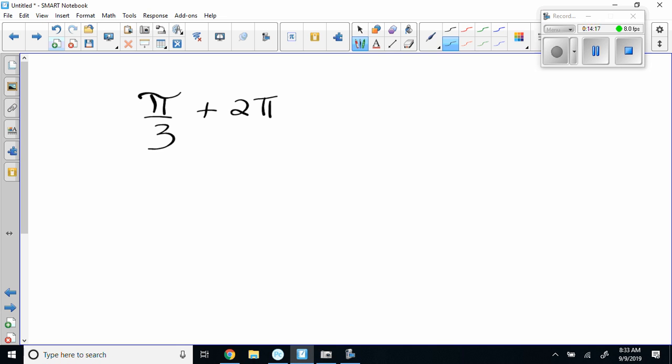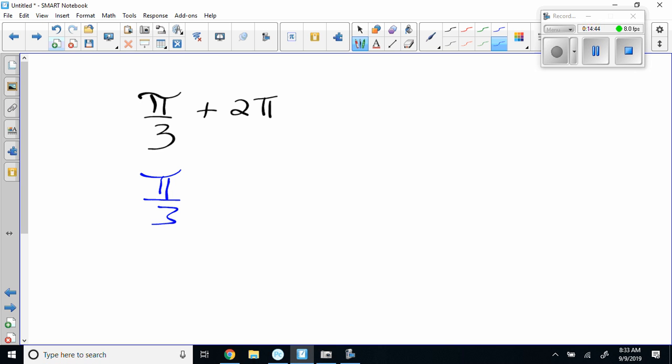Back in 3rd grade, you learned how to add fractions. When you add fractions, there's one thing you have to make sure you have: a common denominator. Well, what would be the common denominator here?